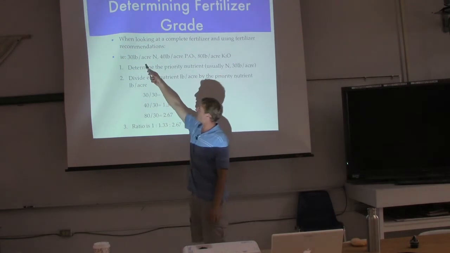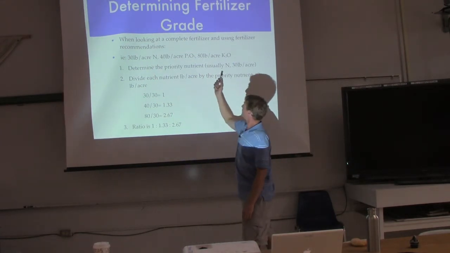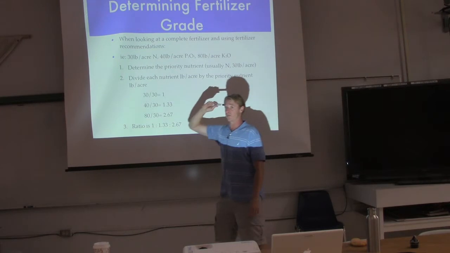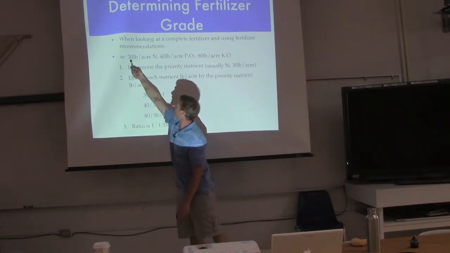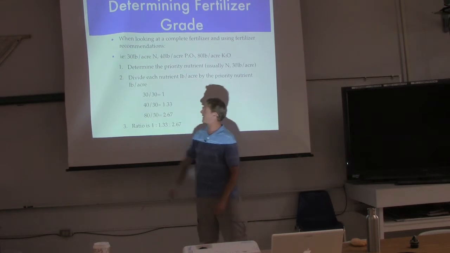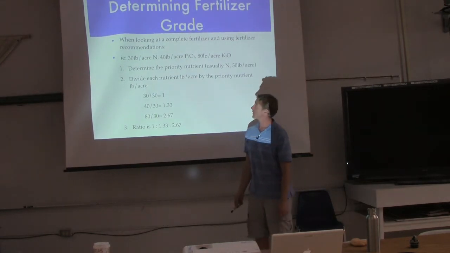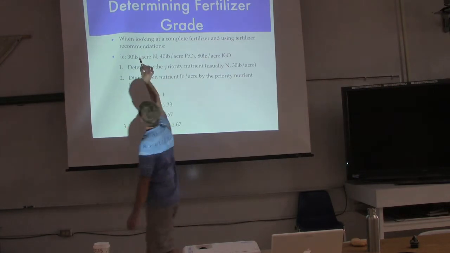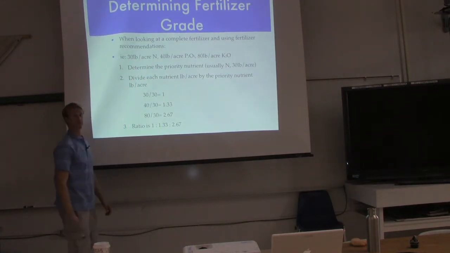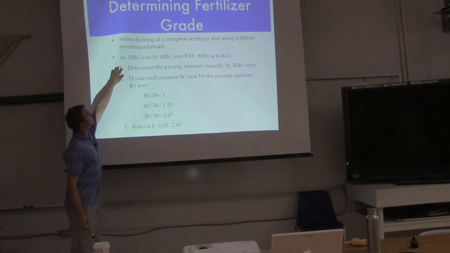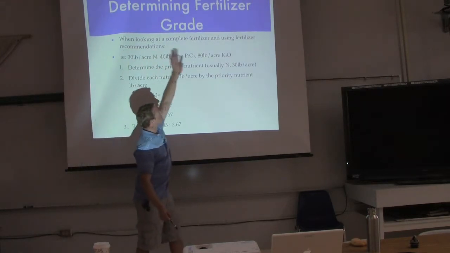I know that my primary nutrient, the one I'm trying to meet with my first application, is going to be nitrogen, and that requirement is 30 pounds per acre. So what I do is I take this weight of my primary nutrient, 30 pounds, and I divide it into the weights of each of them.